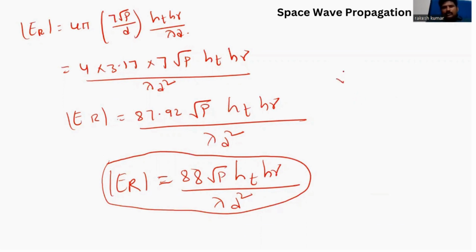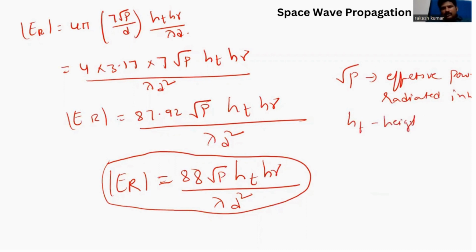So here, what is this root P? Root P is effective power radiated in watts. And what is this ht? ht is height of transmitting antenna. What is this hr? Height of receiving end.